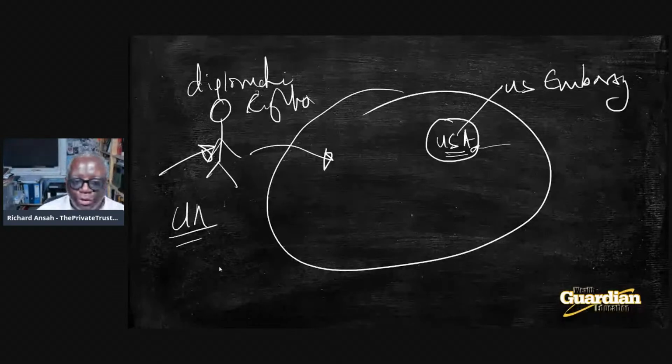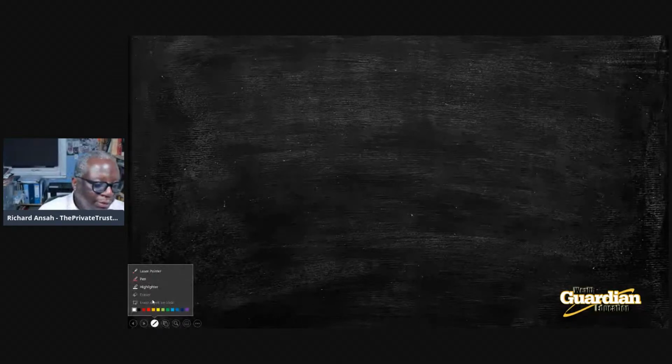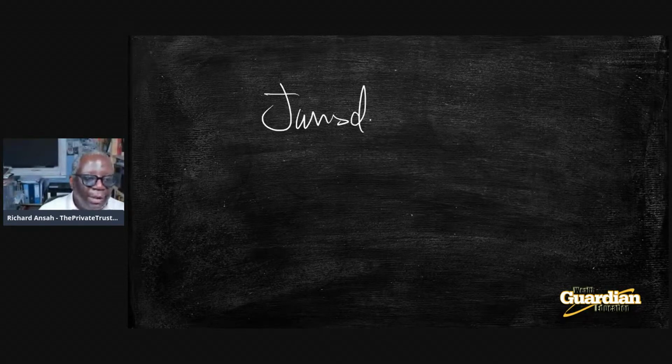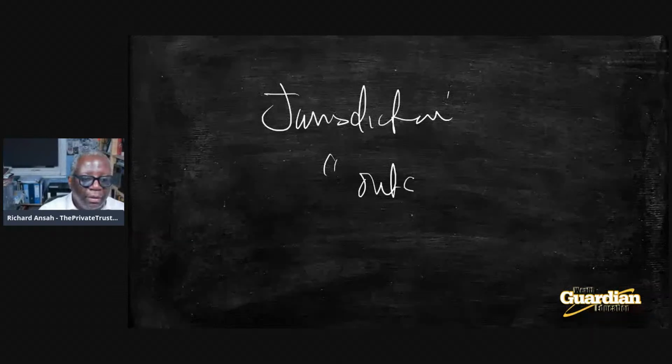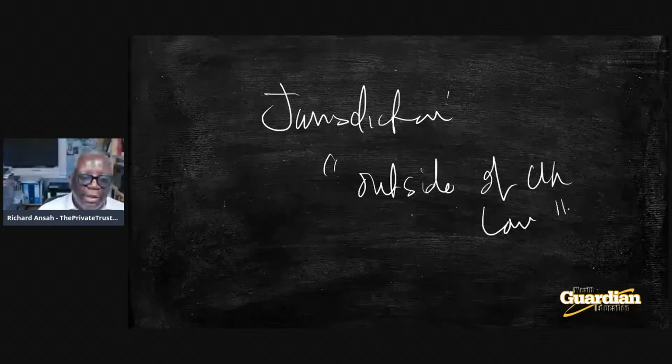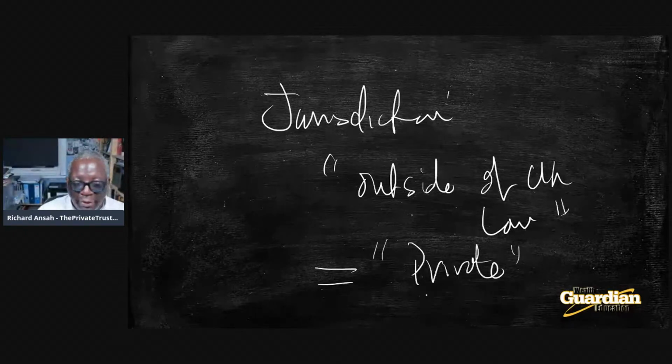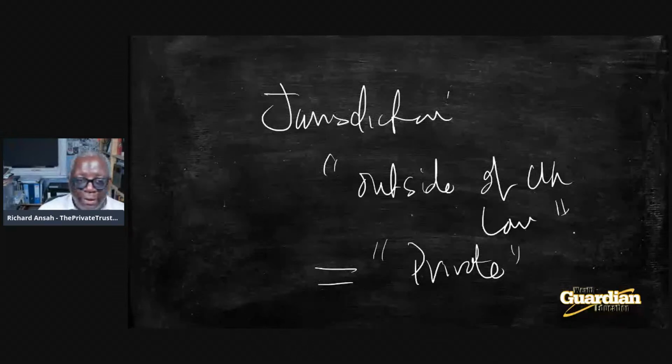It's all about jurisdiction. So if you have a trust which operates under a separate jurisdiction, outside of the US, outside of the UK, outside of UK law, then that's what I would define as being private. And I operate with equity.